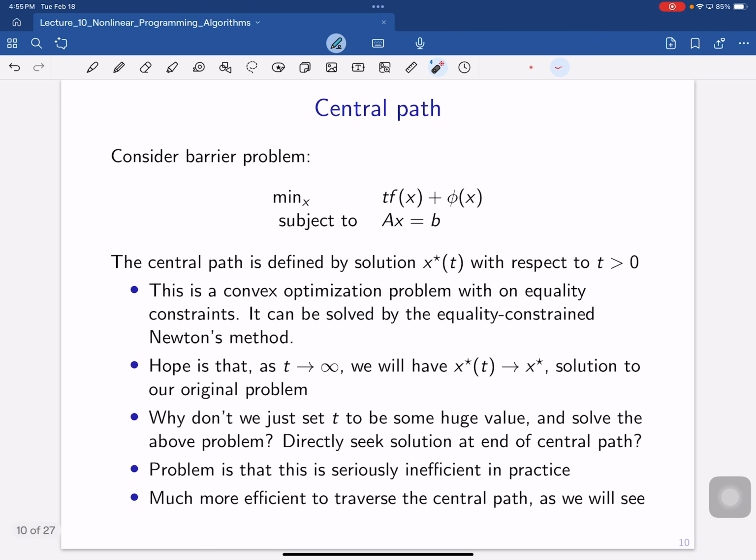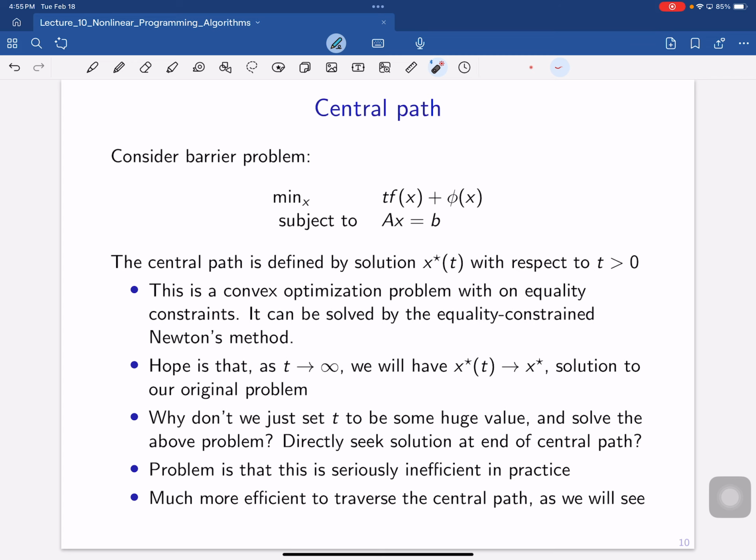Now, how does the algorithm work? At each iteration, you can pick a value of t greater than 0 and solve this convex optimization problem.